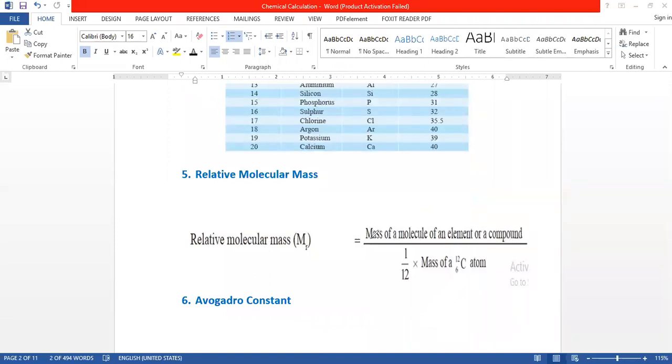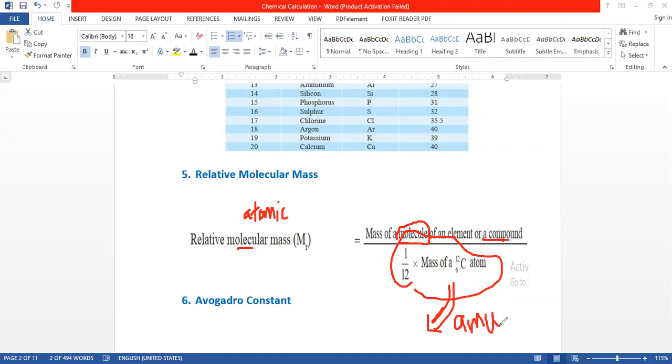Instead of the mass of an atom, here it is the mass of a molecule of an element or a compound, over the same 1/12 of the mass of a carbon-12 atom. Instead of this, I can give the atomic mass unit, which you can easily say as AMU.